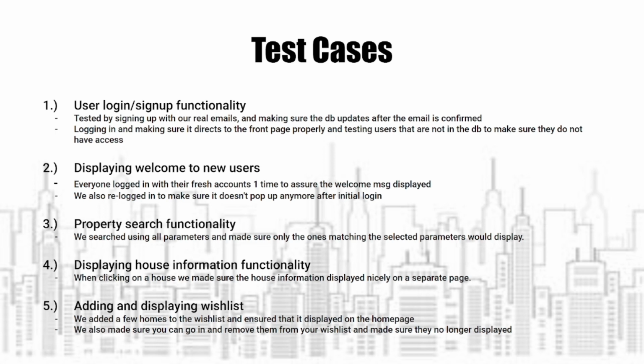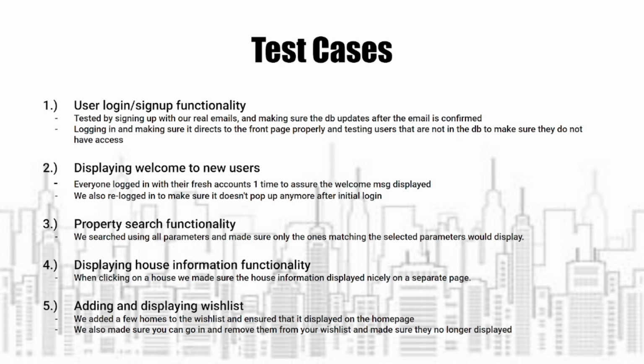The fourth thing that we tested was displaying house information functionality, which is a separate page when you click on a house. We made sure that it was pulling the correct information for the house based on what you clicked by checking with the database, and also making sure that it was consistent and it wasn't pulling the wrong information.